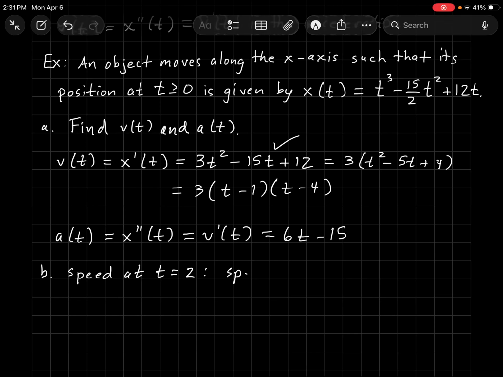Well, the speed is the magnitude or absolute value of velocity. So the speed at 2 is the absolute value of the velocity at 2. So if I plug in, I get the absolute value of 3 times 2 minus 1 times 2 minus 4, which gives me a speed of 6.